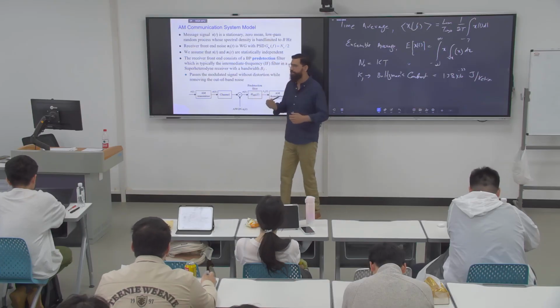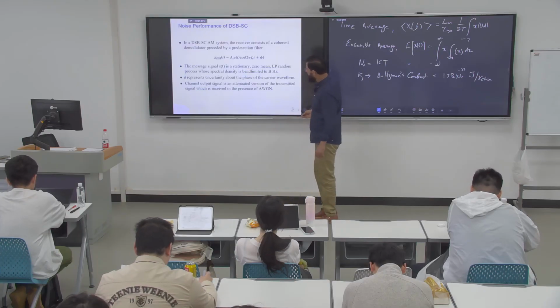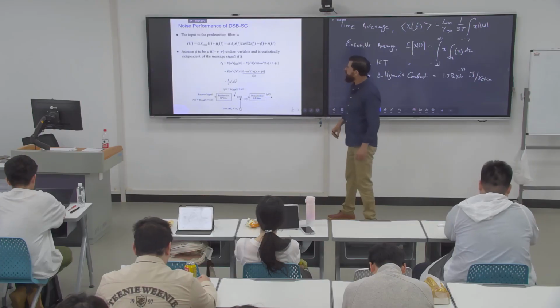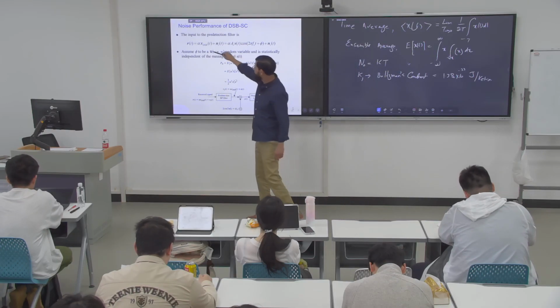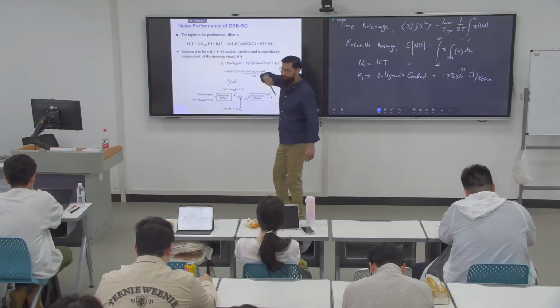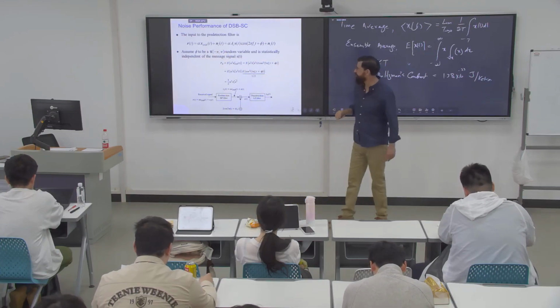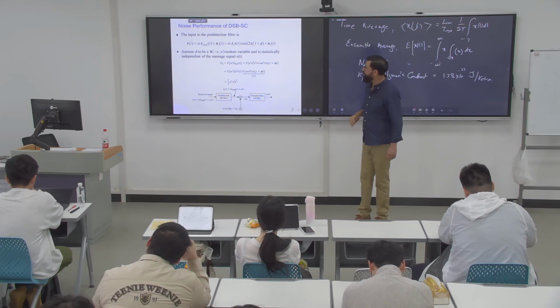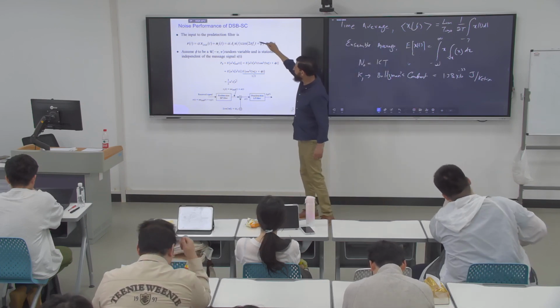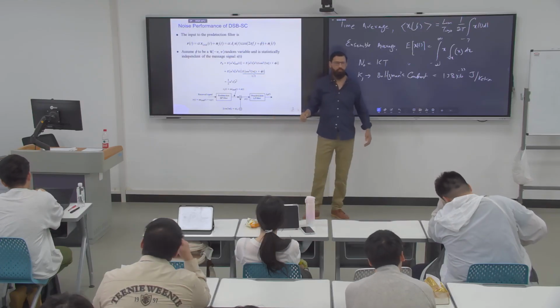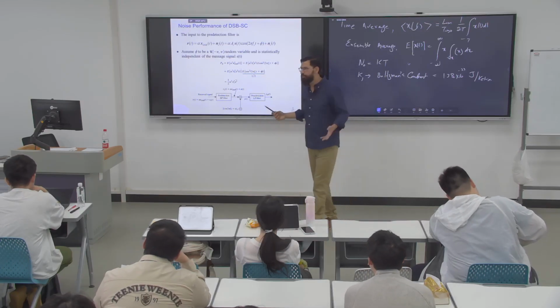Now we need to pass that signal through the filter. So here is that r(t): the double sideband suppressed carrier signal plus the noise, Ni. Ni is the noise. Here, assume that this angle, this phi, is uniform.